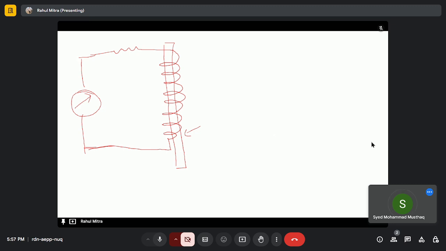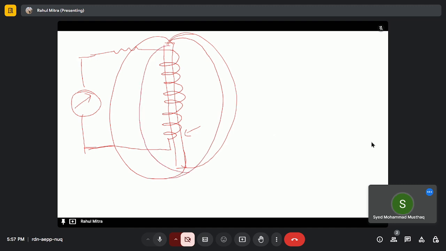Now there is a creation of a magnetic field. This is how the magnetic field is created with the help of a solenoid. Right?